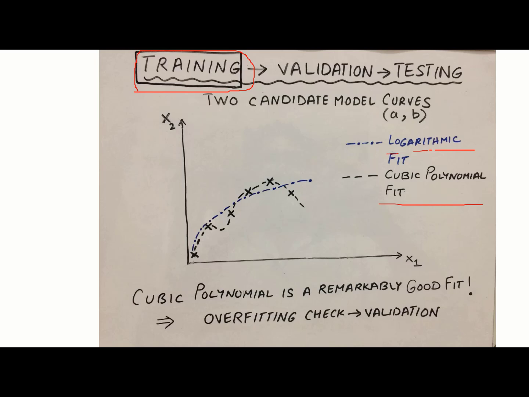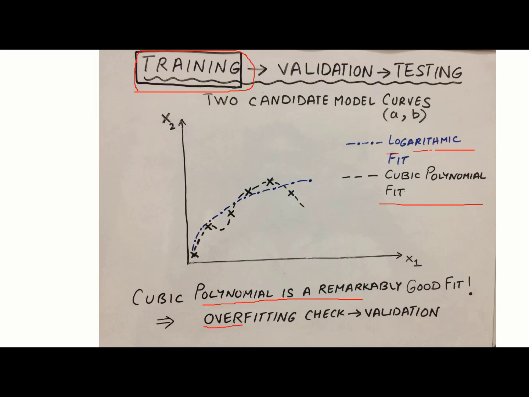The parameters for the logarithmic curve were m and n, and in the case of the cubic polynomial, they were a0 through a3. After the training process, you can see that the cubic polynomial is a remarkably good fit because it is passing through all the data points. That is not to say the logarithmic fit is bad, but it looks like the cubic polynomial is going to win just because it accurately fits the data points.